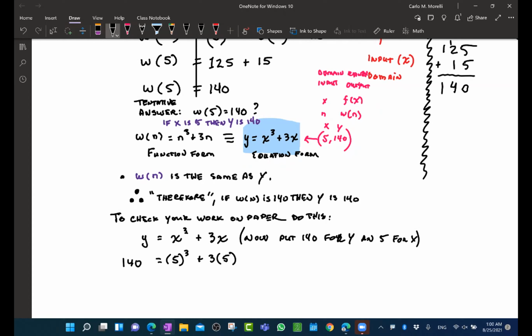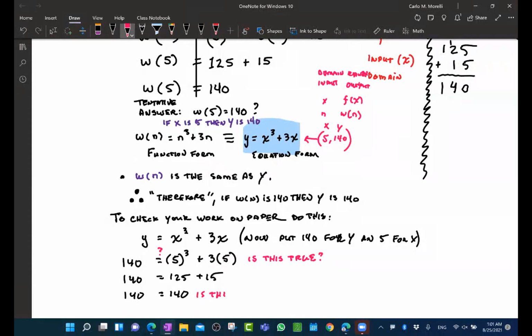This is a question, and so above the equal sign, write a question. In other words, is this true? All right, well, let's do the math. We already did our side work, so we can say 140 equals 125 plus 15. So 140 equals 140.